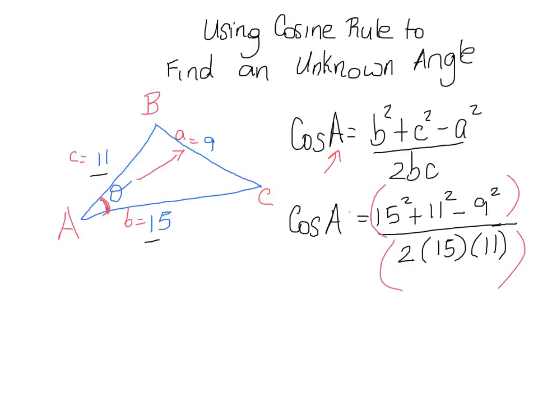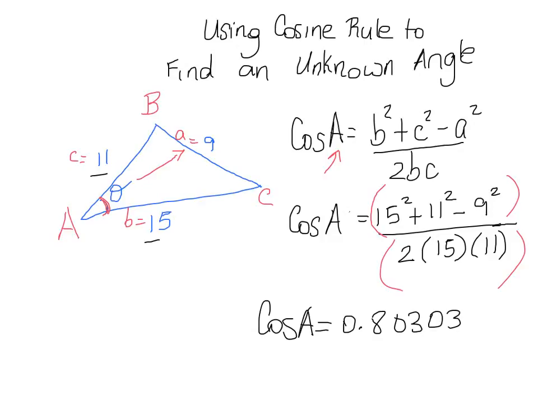So we have 15 squared, I'm typing it with you, plus 11 squared, minus 9 squared, and that all goes into one set of parentheses, over, open up your parenthesis, 2 times 15 times 11, and close your parenthesis, and you get that cosine A is equal to 0.80303, a bunch of 03s.